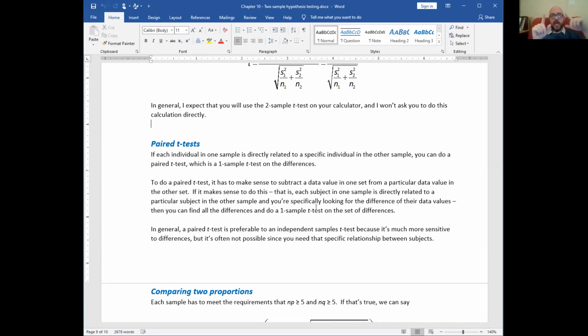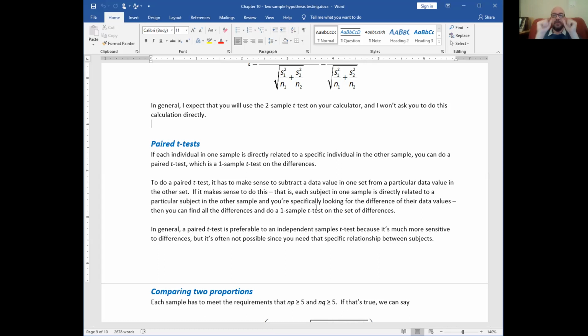Now, that does mean that it has to make logical sense for you to subtract the results, right? You're going to take one person in the second group and you're going to subtract off the corresponding person in the first group.